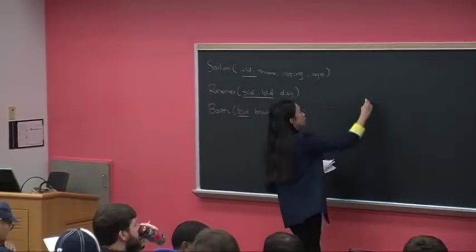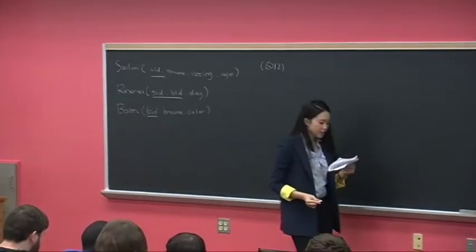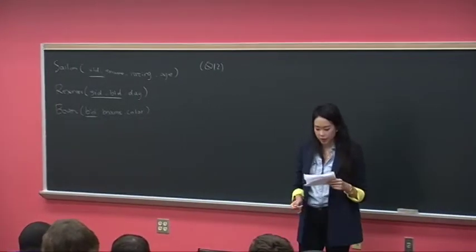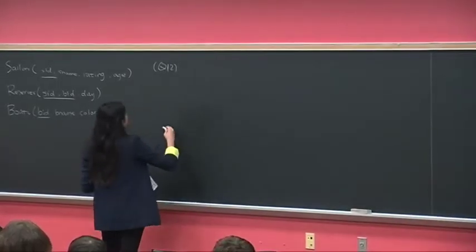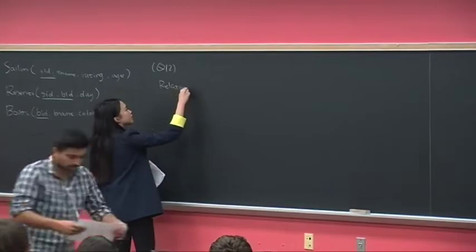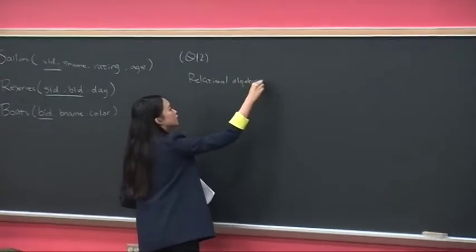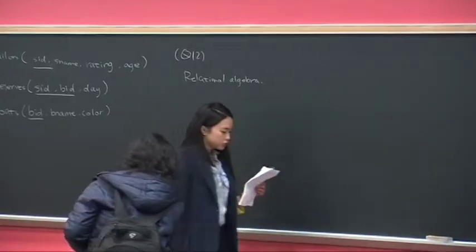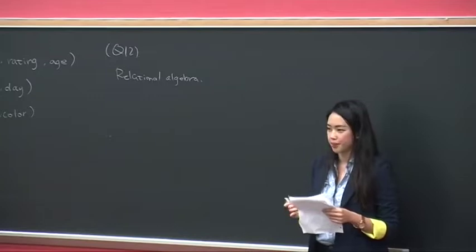So let's start from query 12, where it says, find the names and ages of sailors with the rating above 7. If we are only doing it in relational algebra, I guess this is already very easy for you guys, right? What would you do first if you want to solve this query in relational algebra?